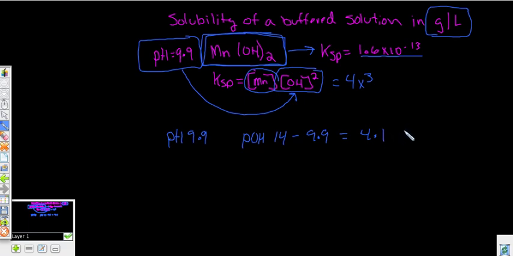Now to turn that into concentration, we'll take the antilog of the negative pOH. So the antilog of negative 4.1 is going to give us something like 7.94 times 10 to the negative 5th. All right, so here is our concentration of hydroxide ions, and we know our Ksp, so now all we really have to do is start plugging stuff in.